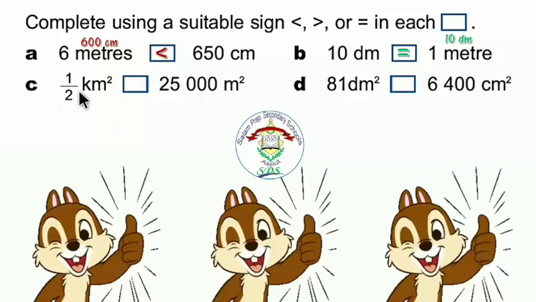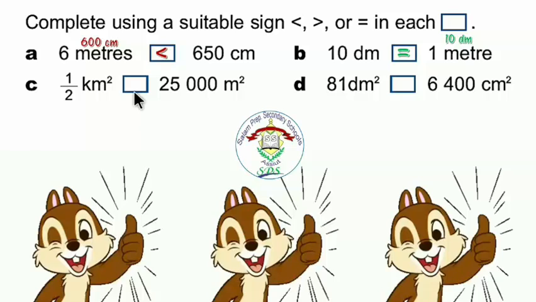Half square kilometer and 25,000 square meters. We know half a square kilometer equals 500,000 square meters.